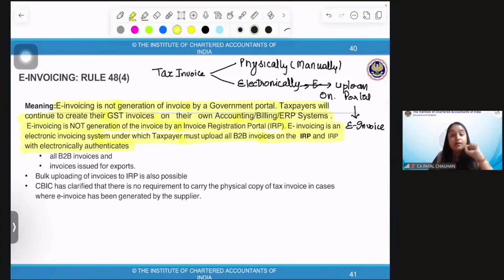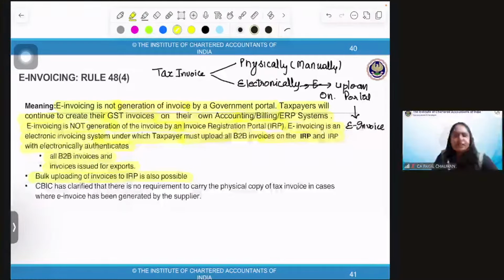E-invoice is to be issued, and the data on the IRP portal has to be updated, only in case of B2B invoices and invoices issued for the purpose of export. First, when it is a B2B transaction. Second, when issued in the case of export. Bulk uploading of invoices to the IRP is also possible.